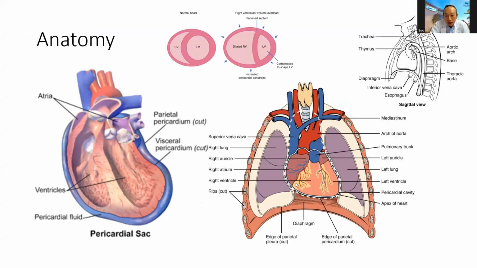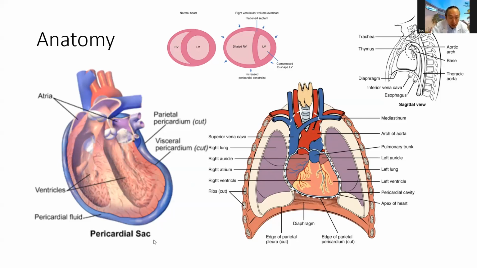The heart is right in the middle with all the blood vessels coming from the top as well as the bottom, so the heart is suspended in the middle. And then you have the lungs filling up the space at both sides. If the lungs are very hyperextended, they will squeeze the heart, and if the heart is very dilated, it will compress the lungs. So we have this confined space right in the middle.